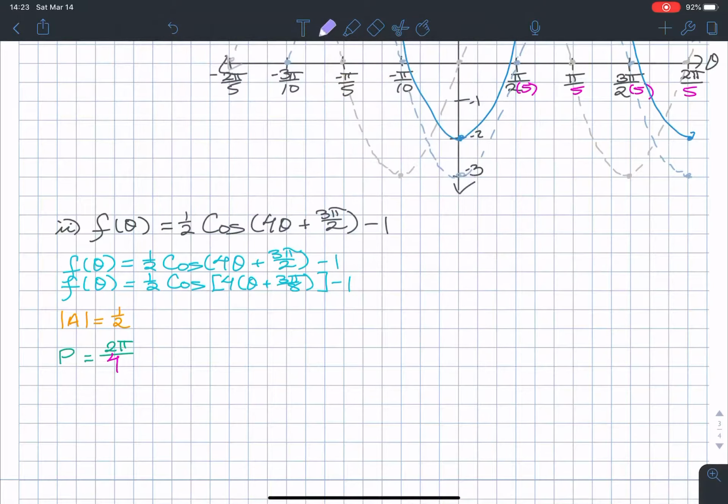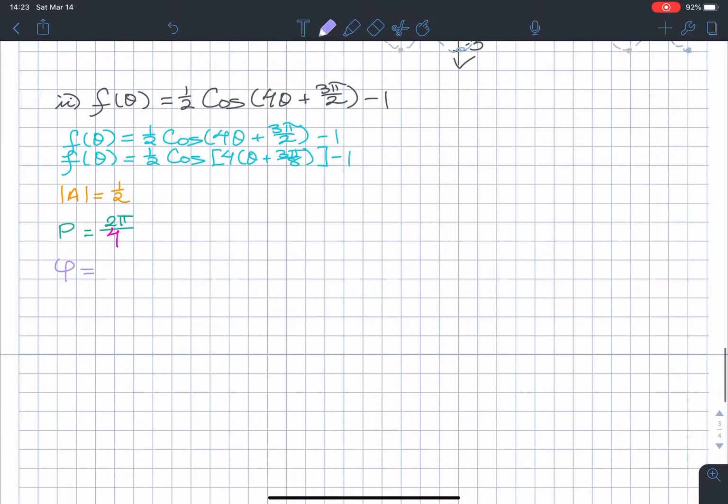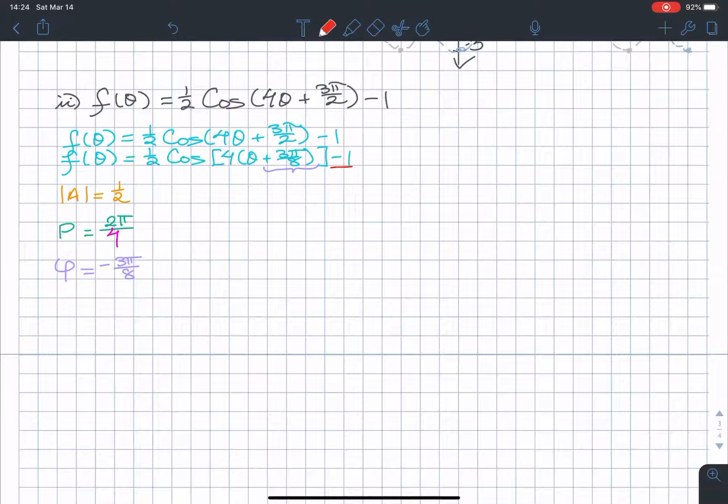I have that the horizontal translation, or phase shift phi, I know it's counterintuitive because it's horizontal, so this will be minus 3 pi over 8 because it's left, right? So it's the negation of what's inside there. And finally, I did this in red. My vertical translation is going to be down 1. Okay, so let's go ahead and plot cosine with all of these requirements.